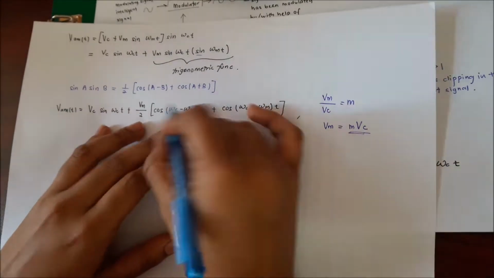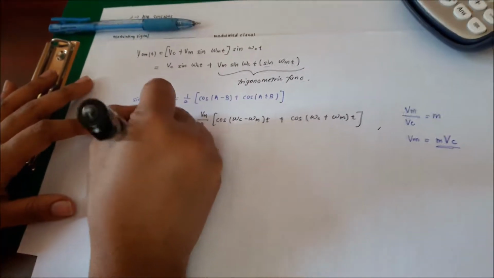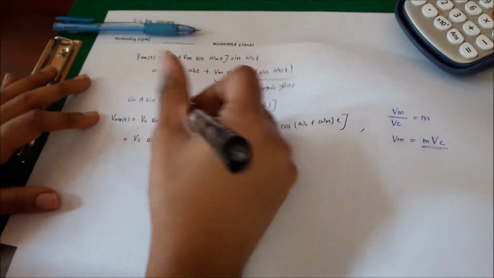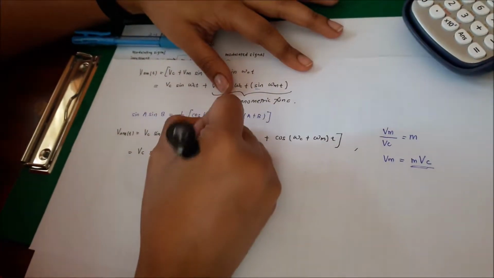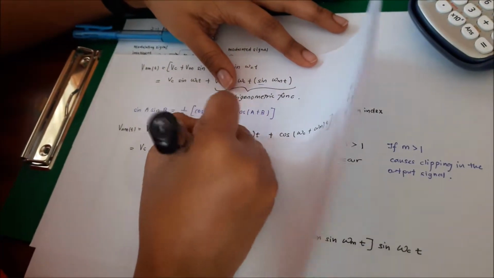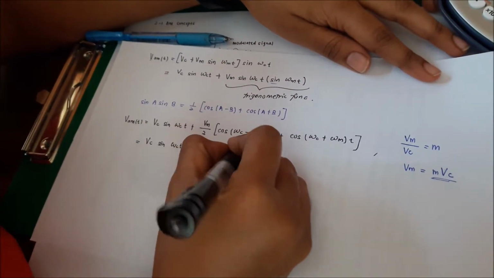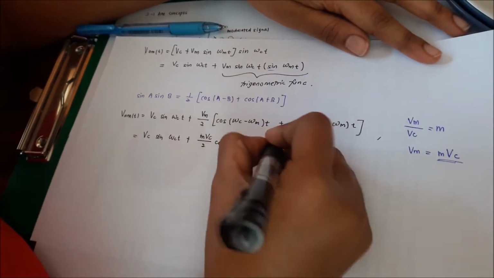Applying this into our formula, I'm going to get Vc sine omega c t plus M Vc over 2 cos(omega c minus omega m)t.